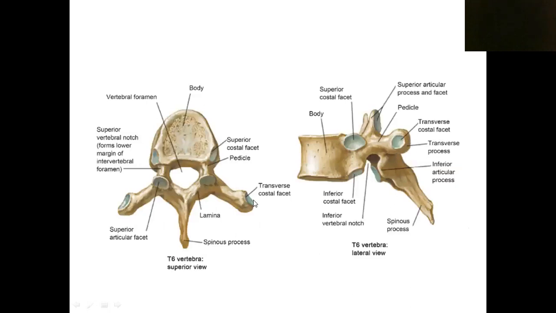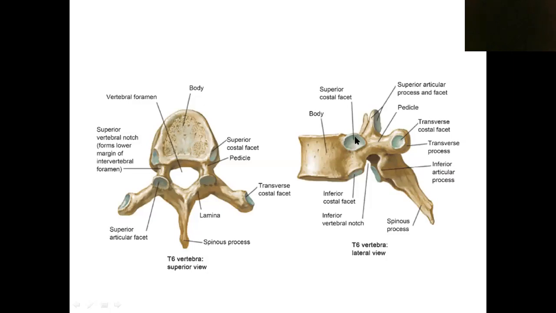Towards the tip of the transverse process we have an articular facet, an articular surface, which joins with the numerically corresponding rib. If this is the fifth vertebra, the fifth rib is connected to that area also. Which part of the rib? The tubercle of the rib.